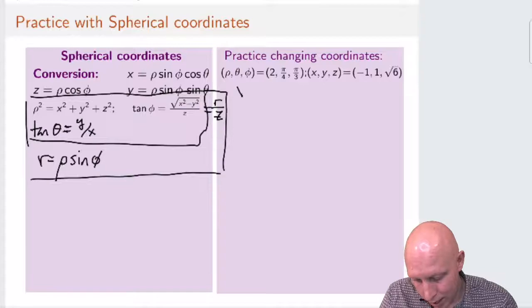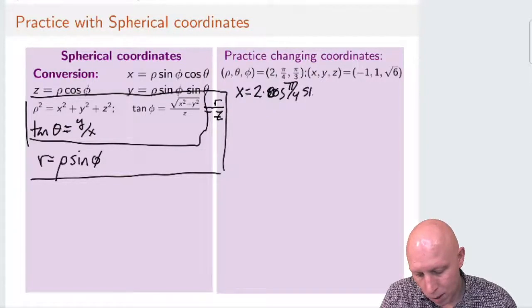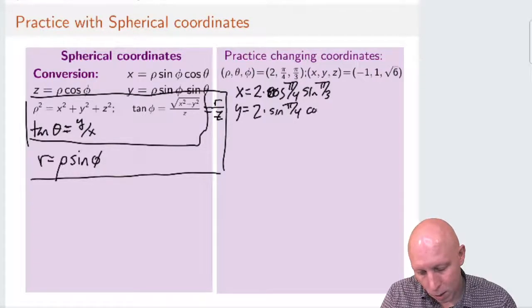We get that x equals 2 times cosine of pi over 4 times sine of pi over 3. We get that y is equal to 2 times sine of pi over 4 times sine of pi over 3.